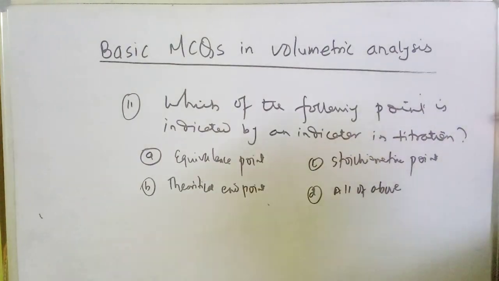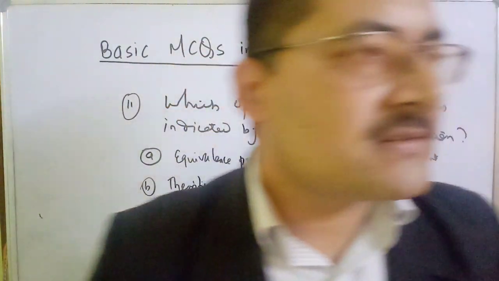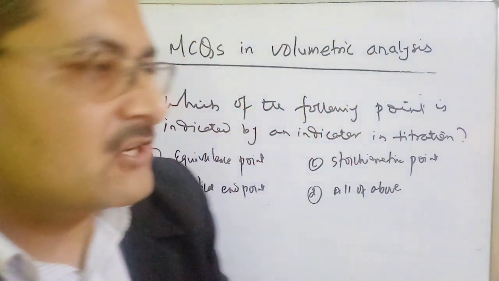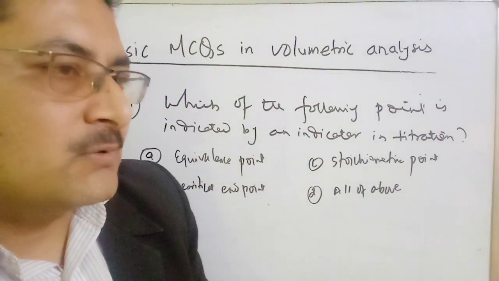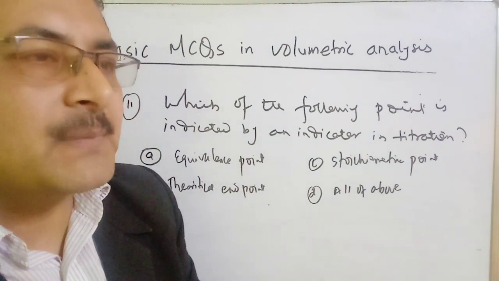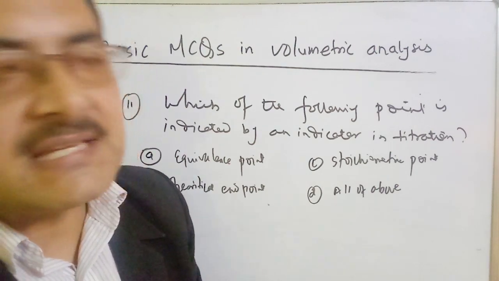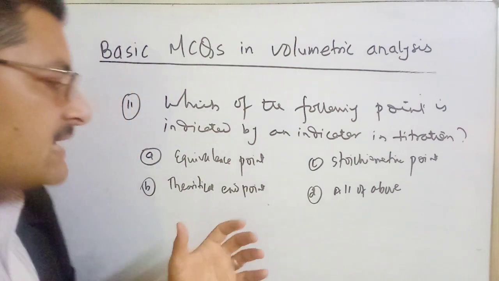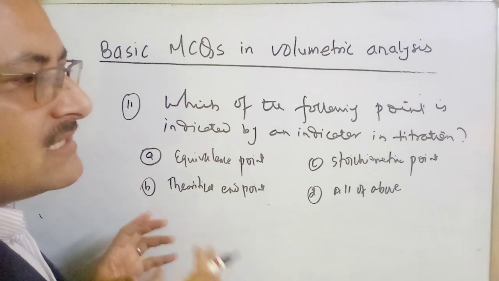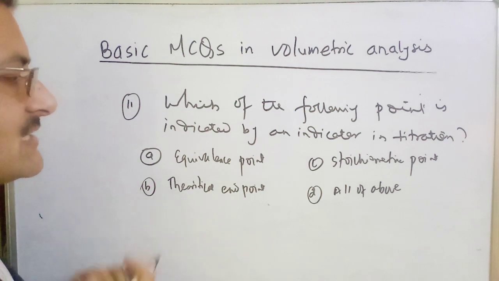So you know that we use the indicator in titration, and indicator is the chemical substance that indicates the equivalence point when two reacting substances taken in a burette and conical flask completely react to each other. Then at that time the reaction has been completed is indicated by the indicator. That point in which two reacting substances exactly neutralize each other is called equivalence point.